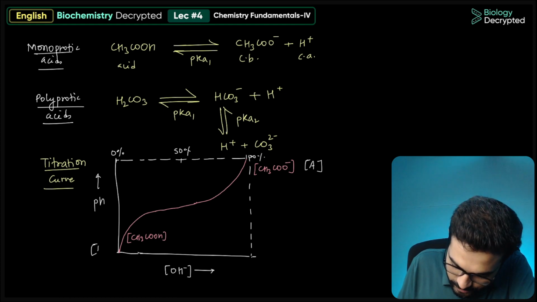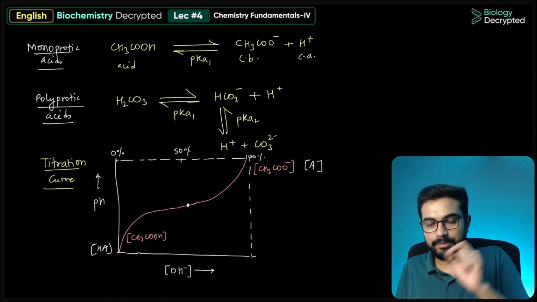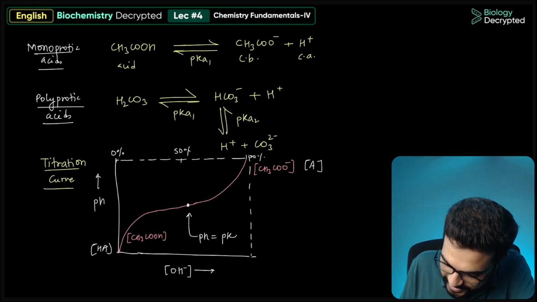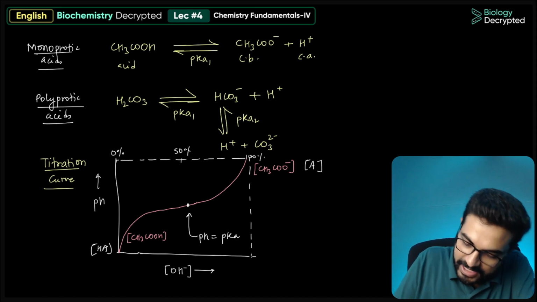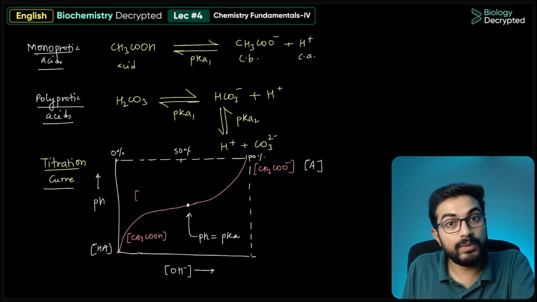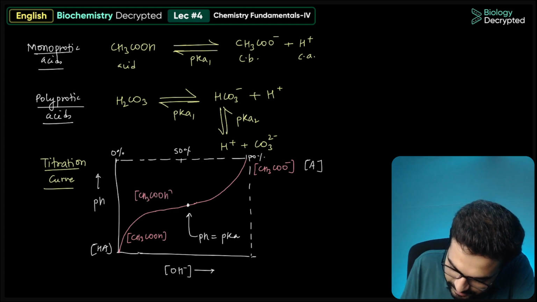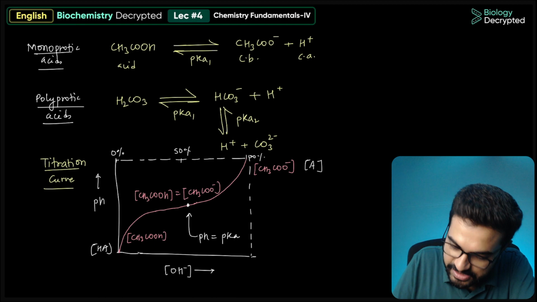Here you have your HA, and here at this midpoint, pH is equal to pKa, and what you observe here is both the species are equal in concentration. The acid and the conjugate base, CH3COO minus, are equal in concentration.